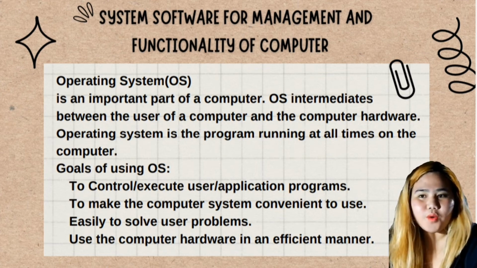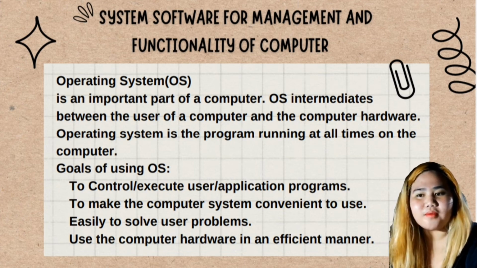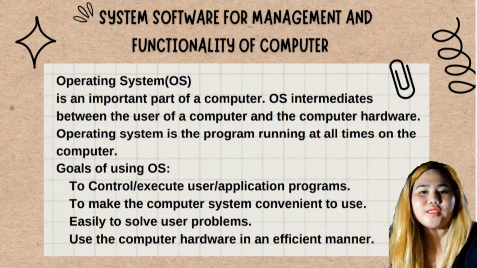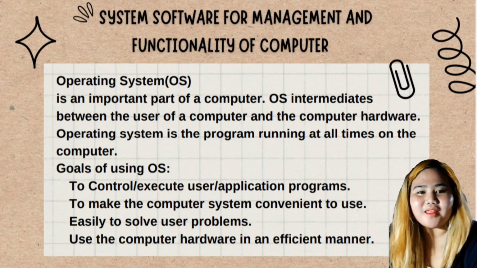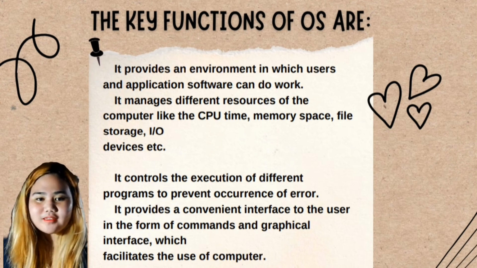Goal of using the OS: to control and execute user application programs, to make the computer system convenient and easy to use, to solve user problems, and to use the computer hardware in an efficient manner. Function of the OS.